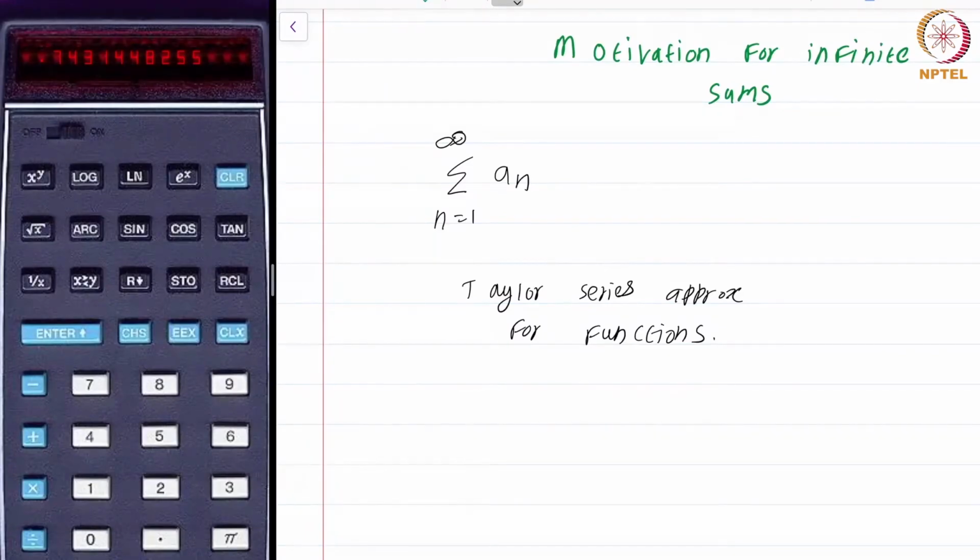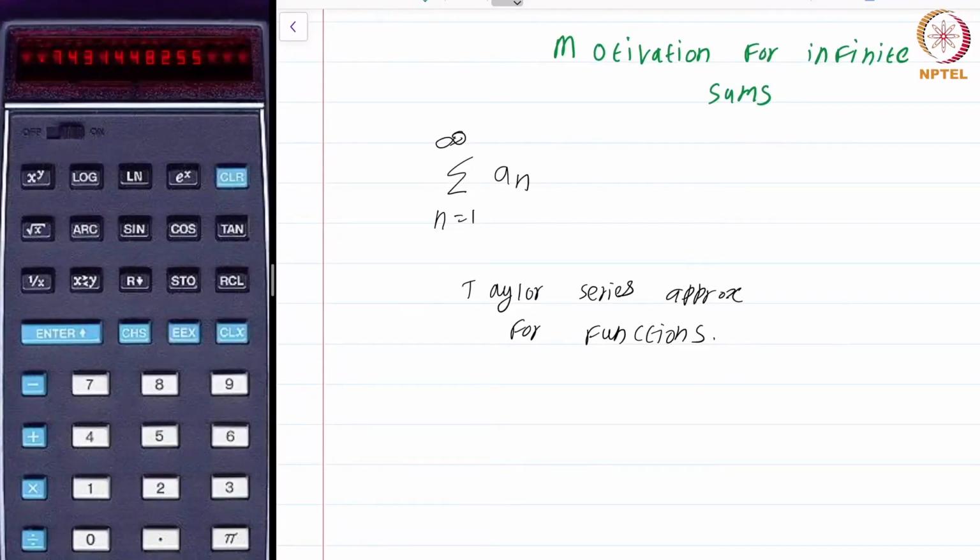We will see more about Taylor series approximation towards the end of this course, but I'm sure you're familiar with what the Taylor series is. So the values of sine can be computed by summing up a series. Because this series converges, and convergence is the central topic of this week's lectures, you need to compute the sums only up to 10 or 15 terms to get the level of precision that is there in this calculator.